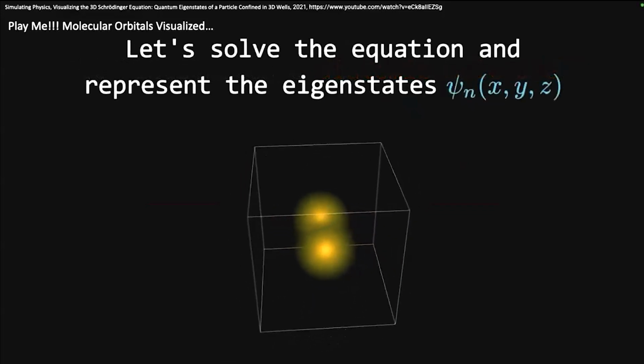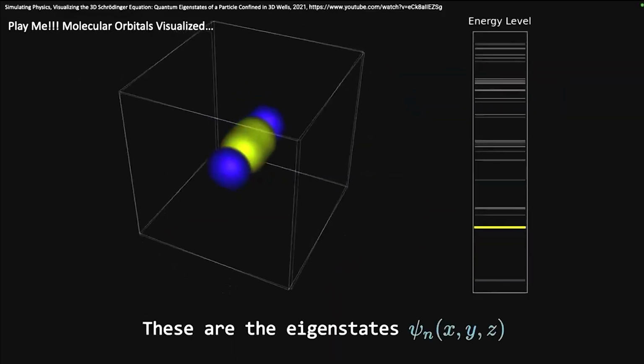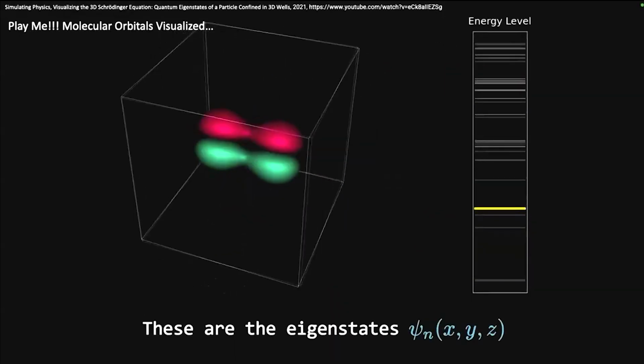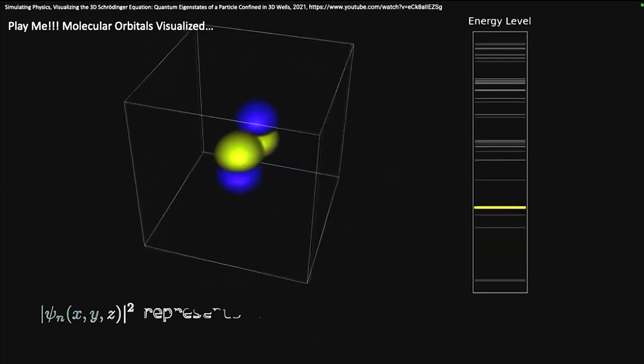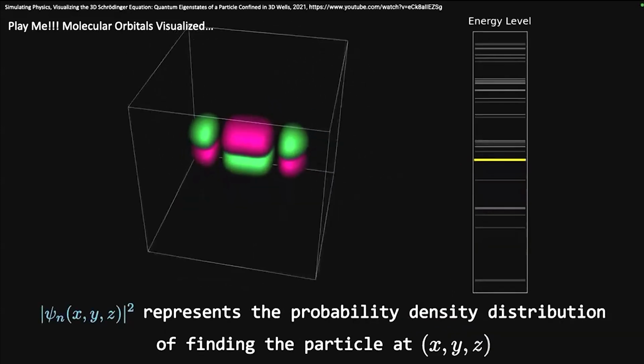This is a diatomic molecule. This is the potential. Yeah, so these are all the different eigenstates of the diatomic molecule.